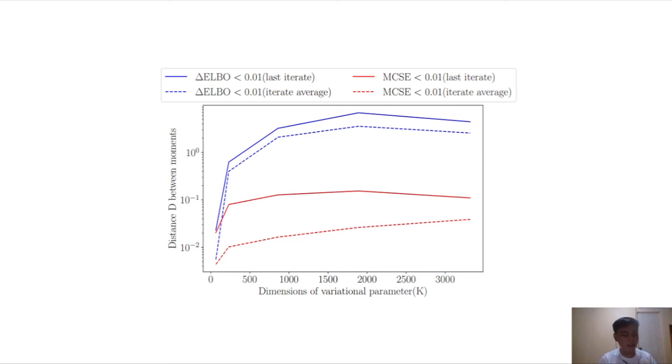And as you can see, the red dotted line managed to improve the accuracy, particularly in the higher dimensions, because the method was able to record a very low distance between the variational and the ground truth moments. So as you can see, it was very effective in improving the accuracy.